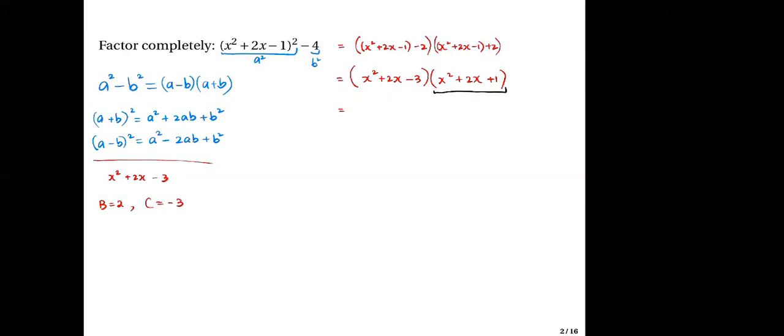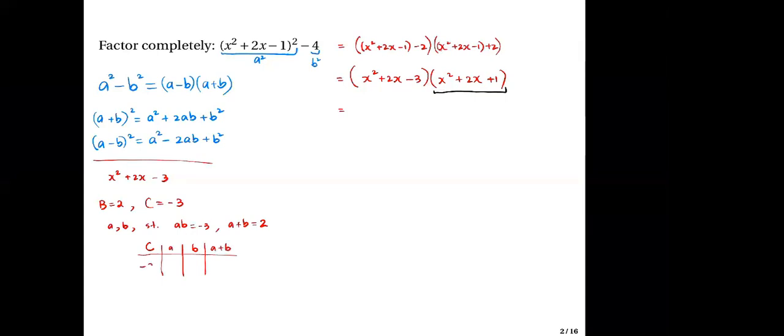So you need to find a and b such that a times b is equal to negative 3, and a plus b is equal to 2. So you have here your c, negative 3, and then here you have your a, b, and then this is your a plus b.